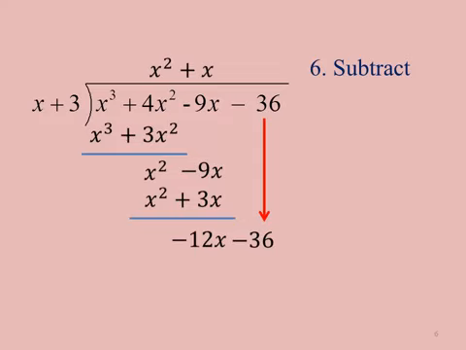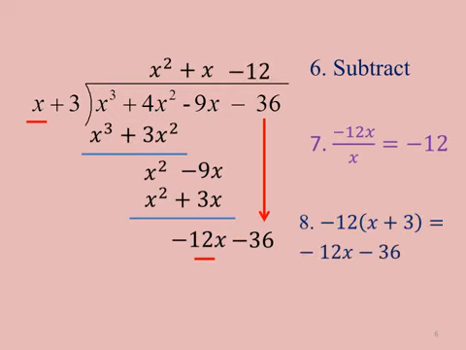Once again, we look at the first term of the divisor and the negative 12x. And we do the division. Negative 12x divided by x will equal negative 12. We transfer this answer of negative 12 into the quotient. Then we carry out our calculation.